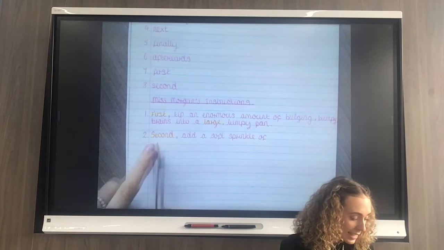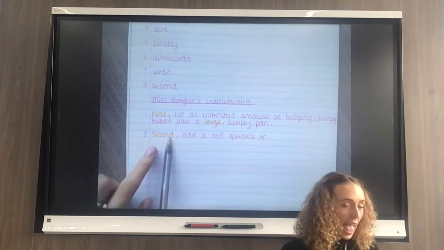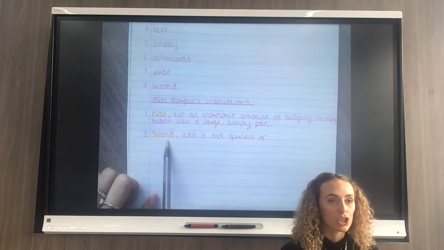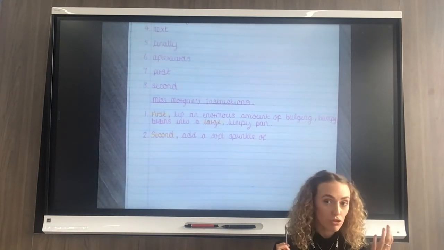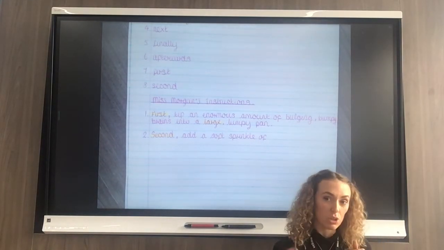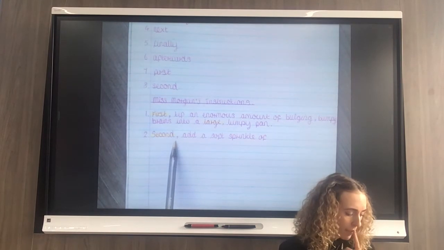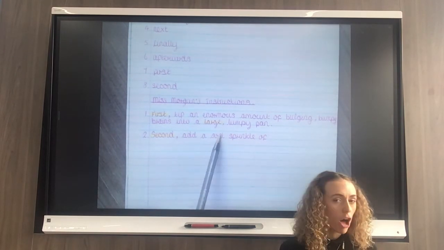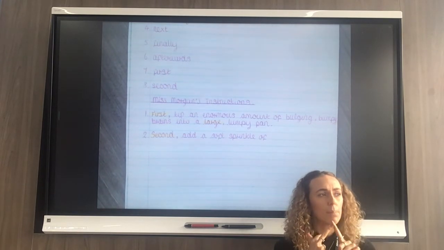Okay, so for my second instruction, I've copied it out in my neatest handwriting, and I chose the time conjunction second because it is my second instruction. I want the person to do that after the first one. And I've made sure I've got my comma. It says, add a soft sprinkle of something, something, caterpillars.